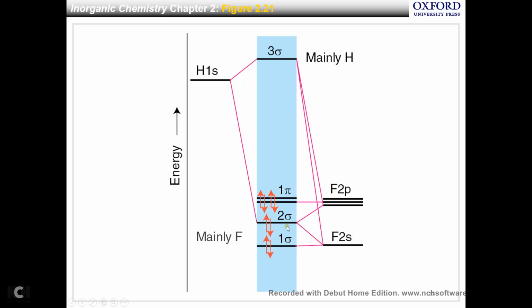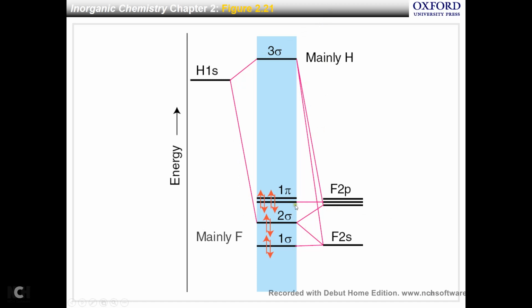So just think of the interaction between these two. That will bump this 2 sigma a little bit up, this 1 sigma a little bit down. This way you can determine the shifts of the MOs without looking at those red lines.